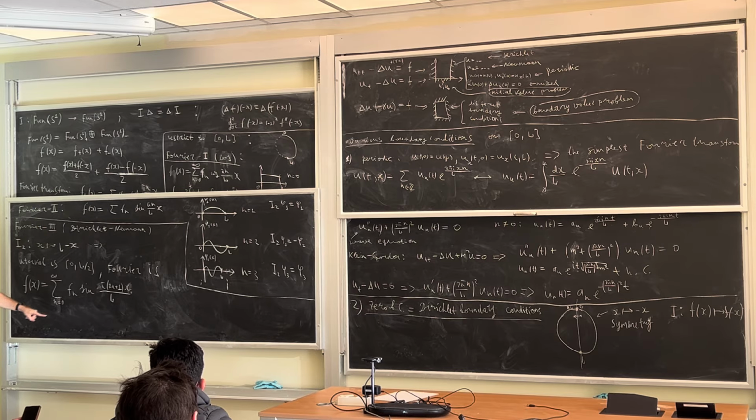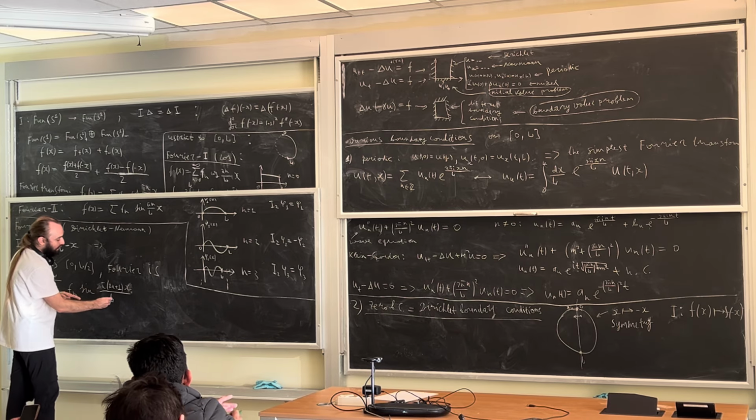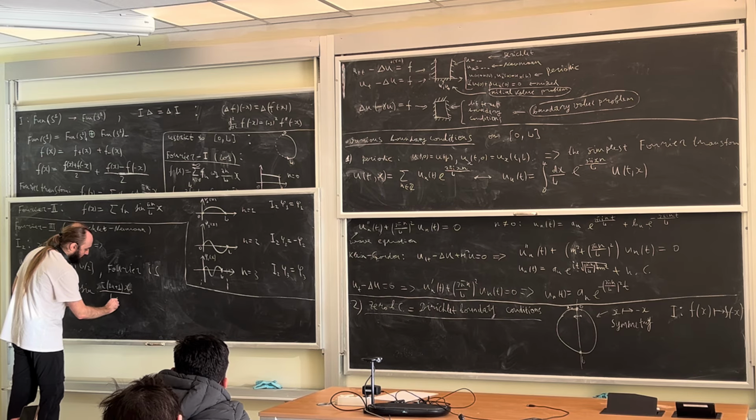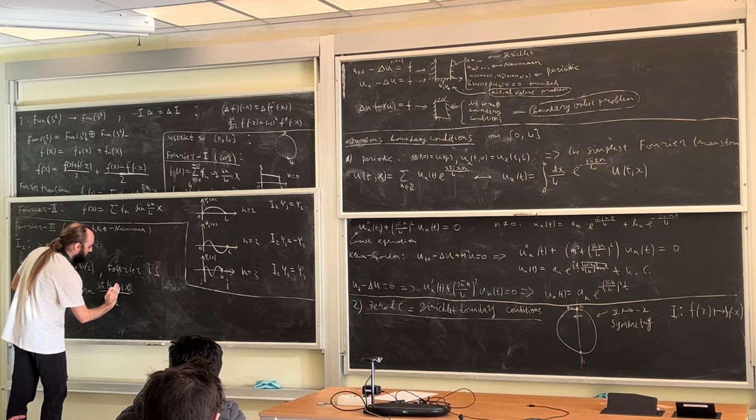Or if we want to write everything with manifest L over 2 notation, we can divide by 2, and then this number becomes n plus 1 half.